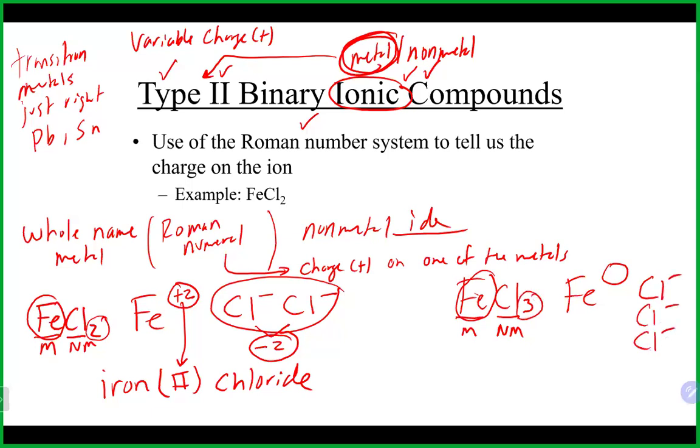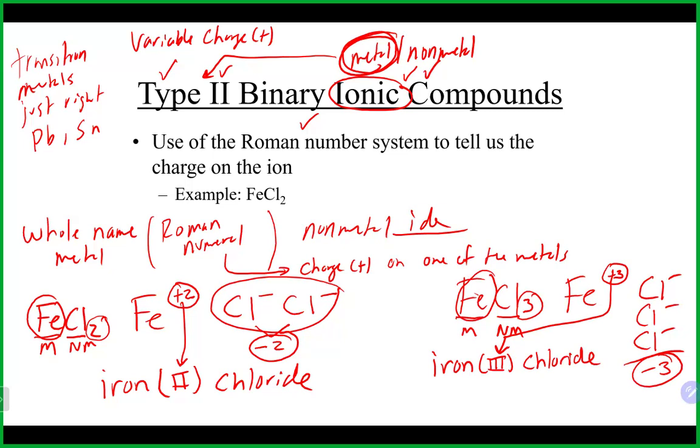I have 3 of them, which gives me a -3 charge. That means in this particular case, the iron has what type of charge? A +3 charge. And that means that this name would be iron Roman numeral 3, again for the positive charge. And once again, it doesn't matter how many of those guys we have, it is just chloride.